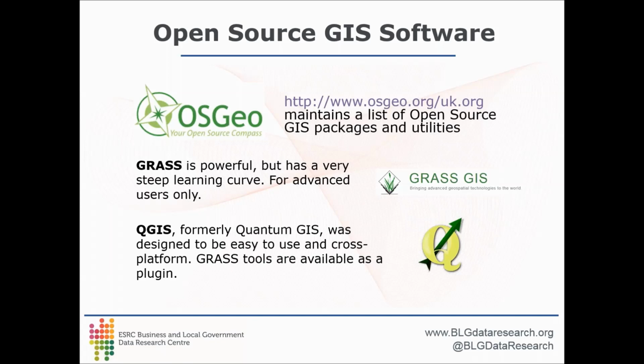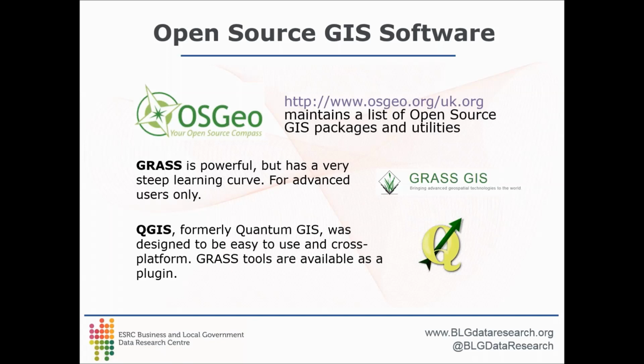The piece of software which I think has really started to become much more prominent around the world is a piece of software called previously Quantum GIS, now abbreviated to QGIS. It's easier to use than GRASS. It's more cross-platform.